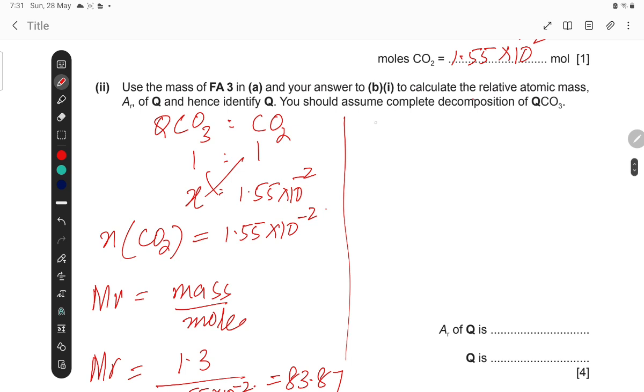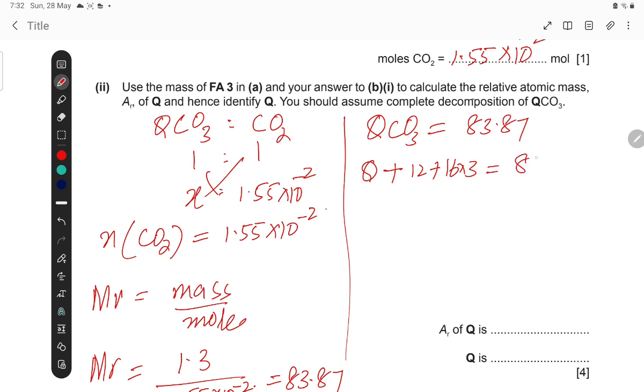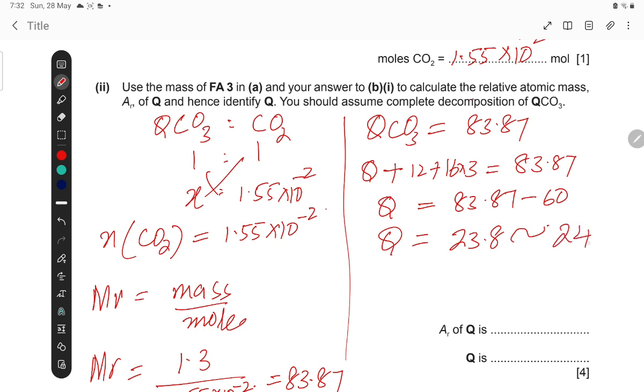Now Q plus 60 (carbon is 12, oxygen is 16 times 3) is equal to 83.87, so Q is 83.87 minus 60, which is 23.8, approximately 24.